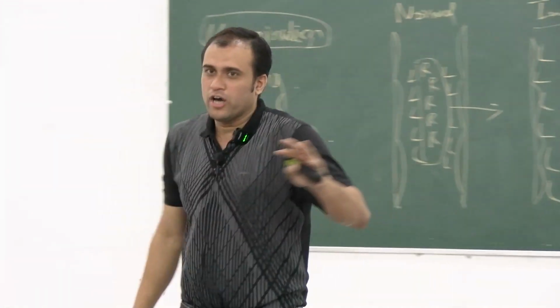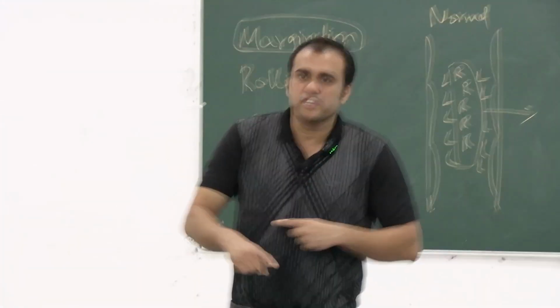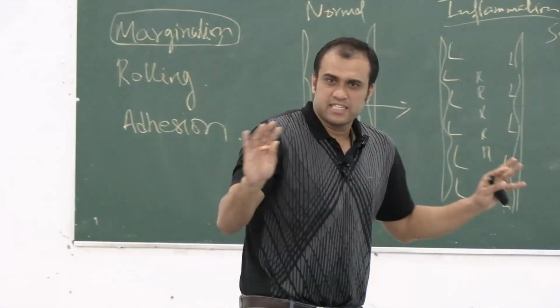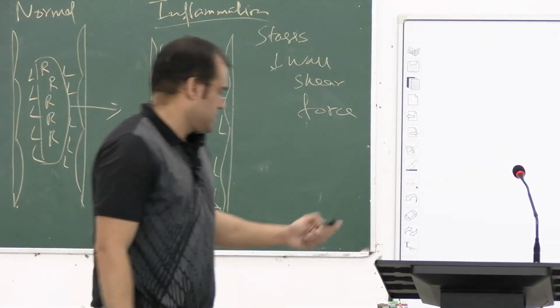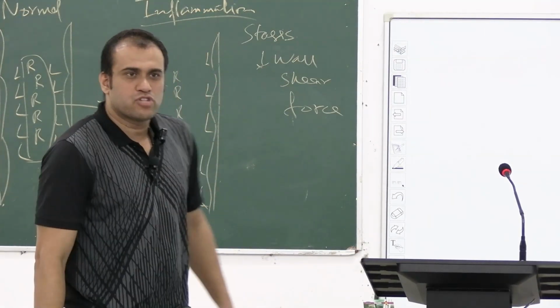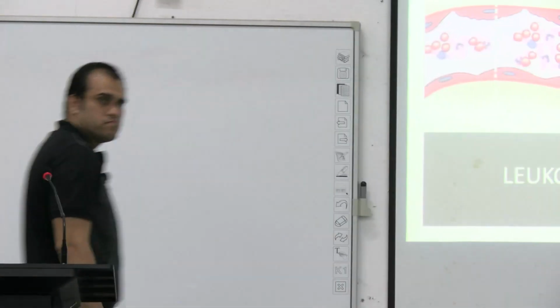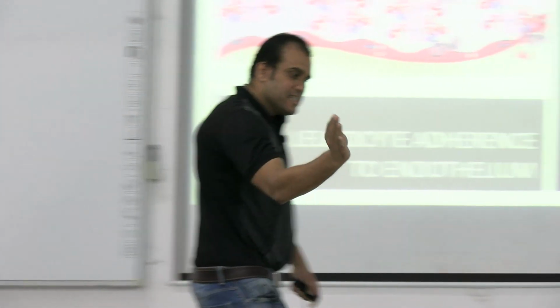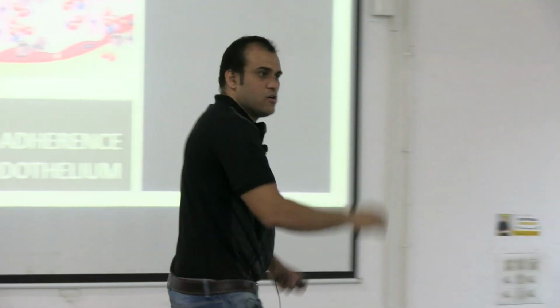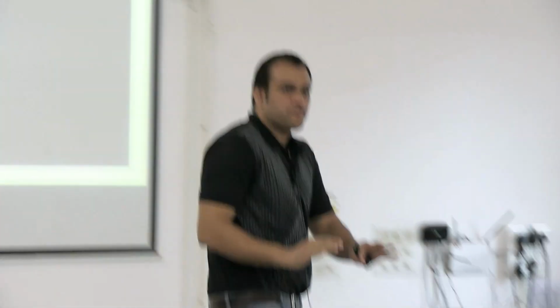Now, rolling. In rolling, the leukocyte rolls over the endothelium. I am coming to the details. Rolling basically means the leukocyte attaches to the endothelium and again detaches from it. After attachment, because of the flow of blood, they again detach from the endothelium.